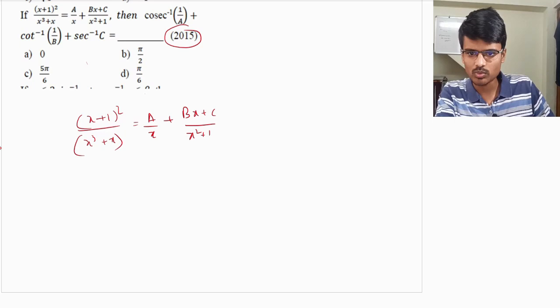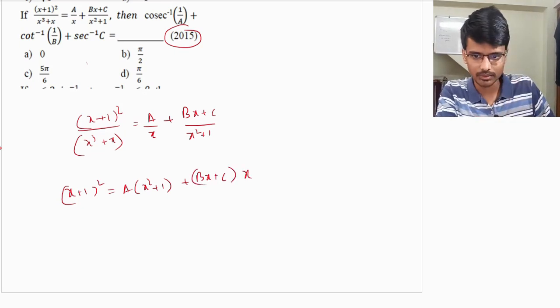So x plus 1 whole square. Let's simplify this. On simplifying, I get A x square plus 1 plus bx plus c x. A x square plus A plus b x square plus cx.